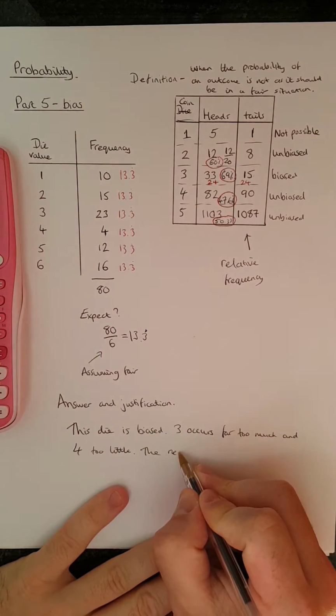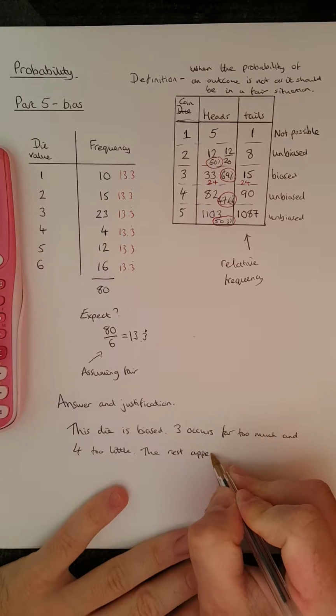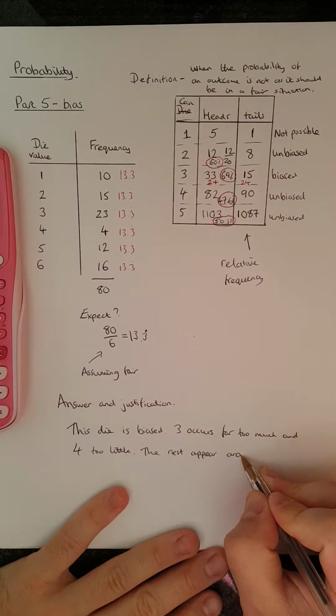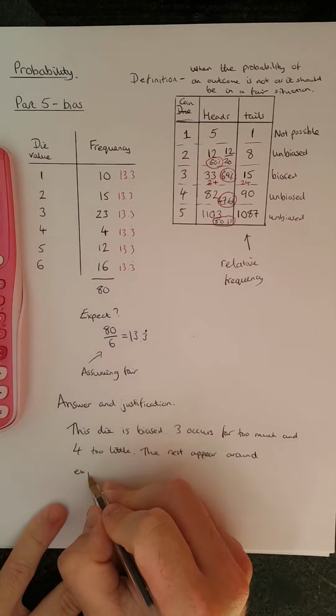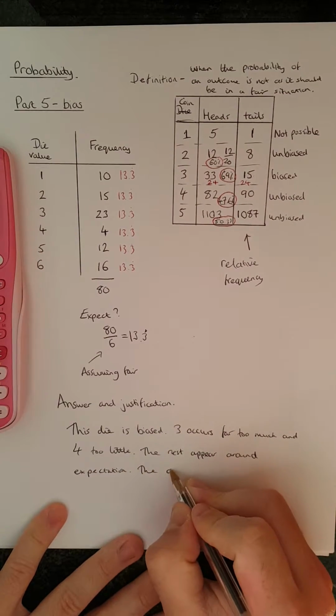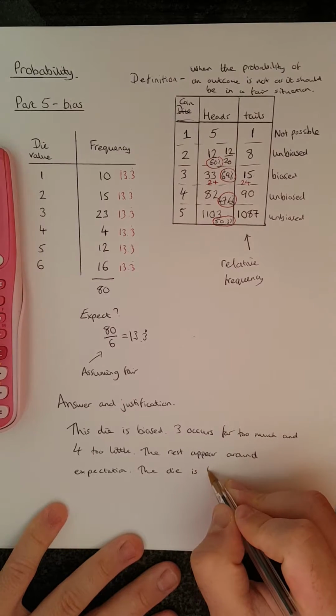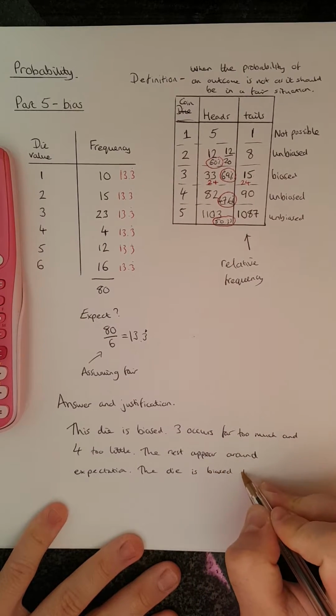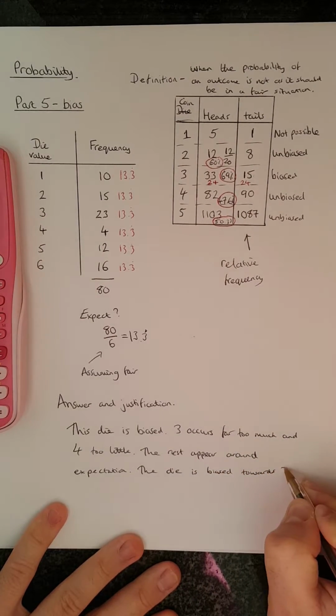The rest appear around expectation. The die is biased towards 3.